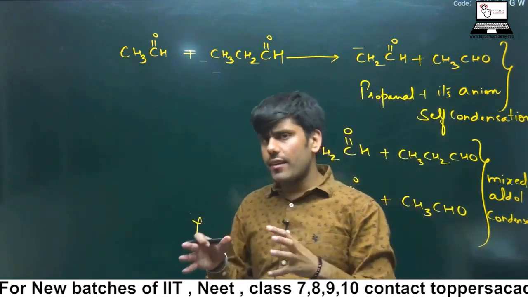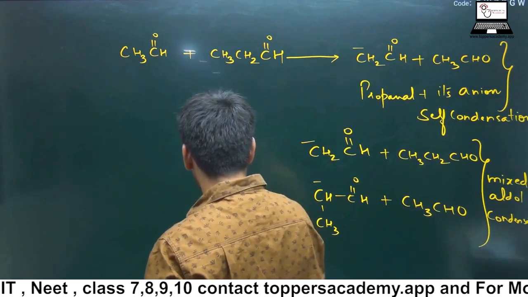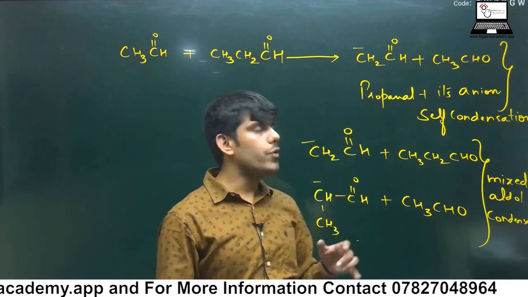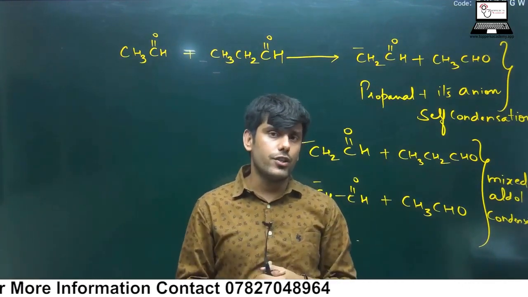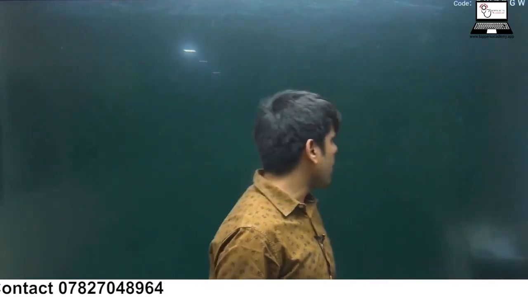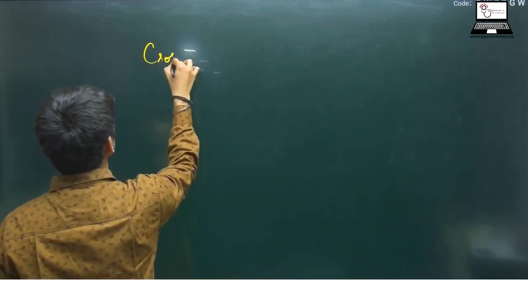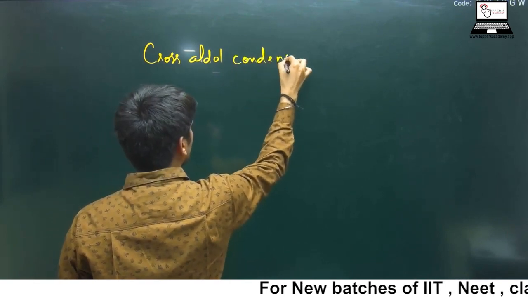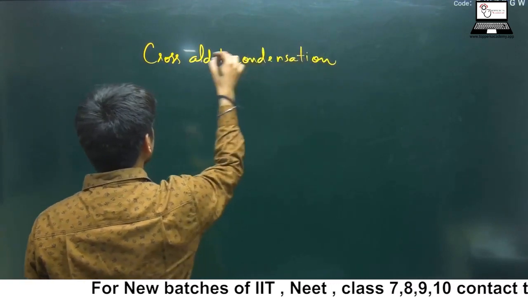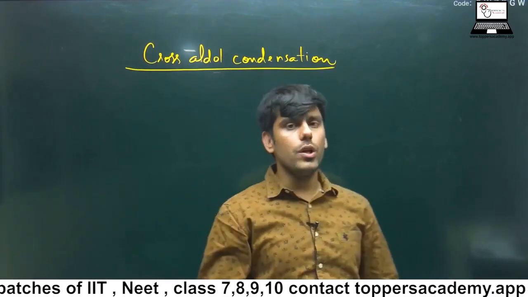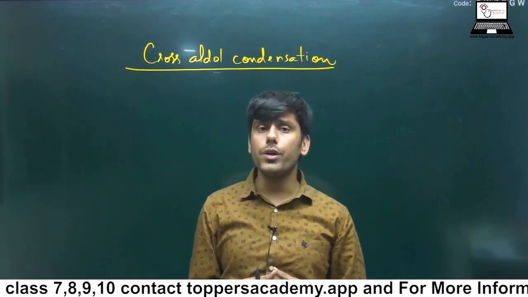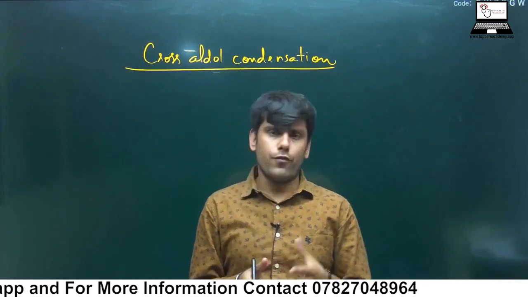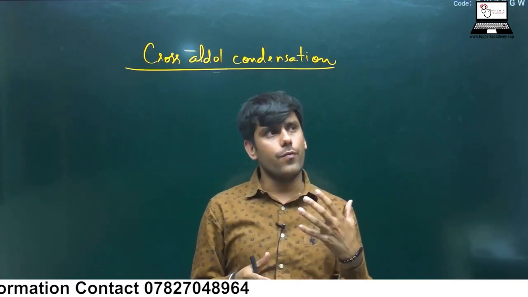So to avoid the formation of this mixture, what do I do? Cross aldol condensation is suggested. Now what is cross aldol condensation? I take one molecule of aldehyde or ketone, basically of aldehyde, which is not having alpha H. For example, I can choose benzaldehyde.